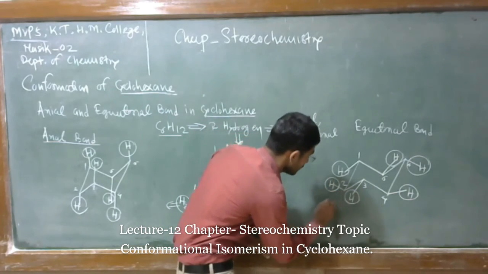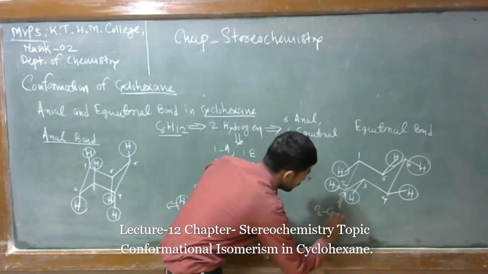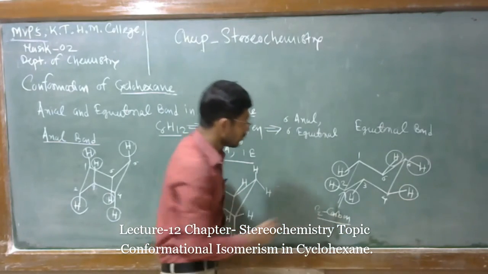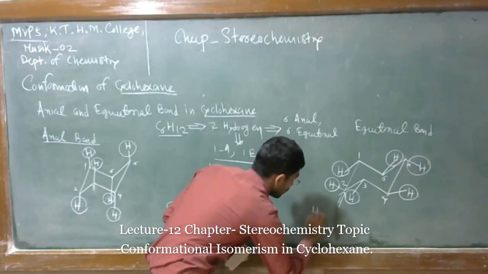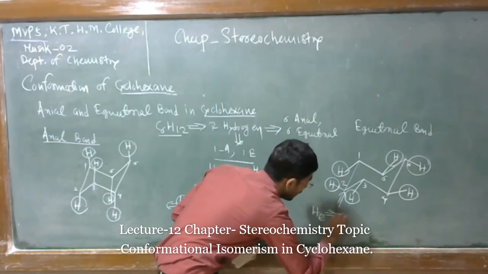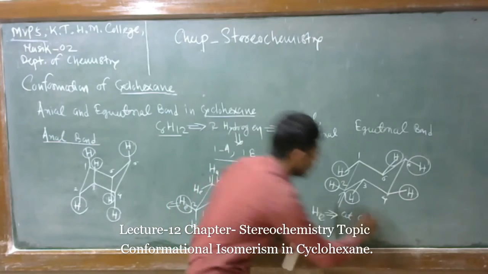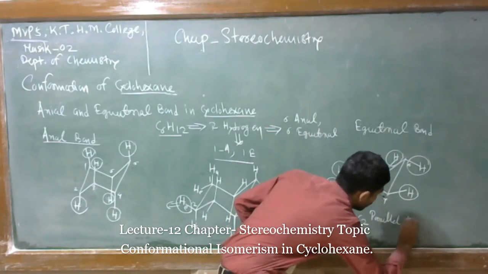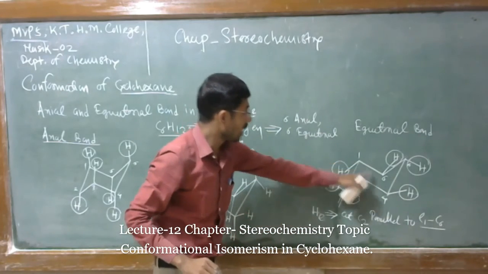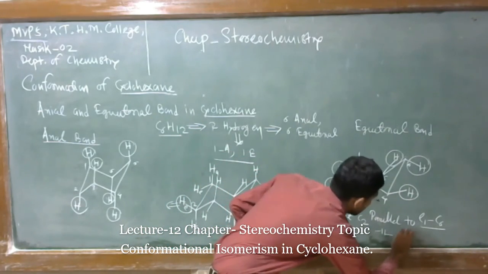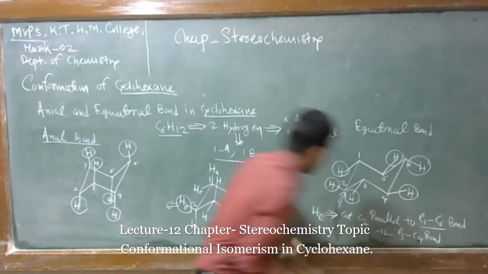If we consider the equatorial bond at the C2 carbon, it is parallel to the C1-C6 bond and also parallel to the C3-C4 bond.